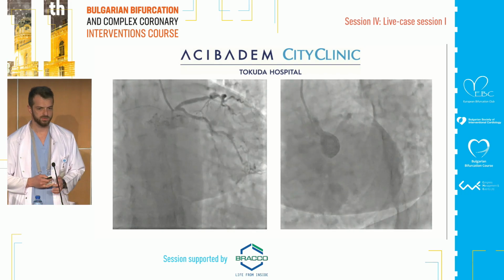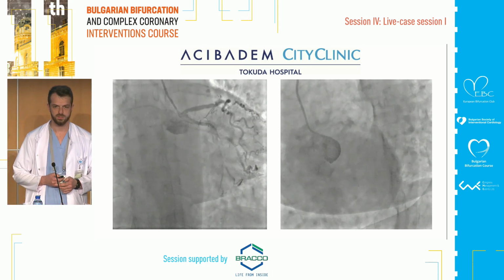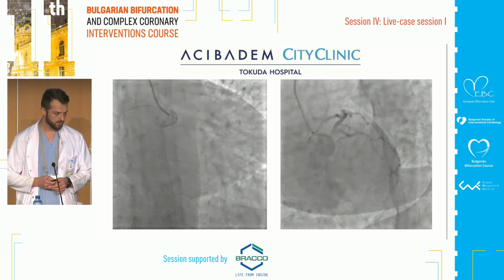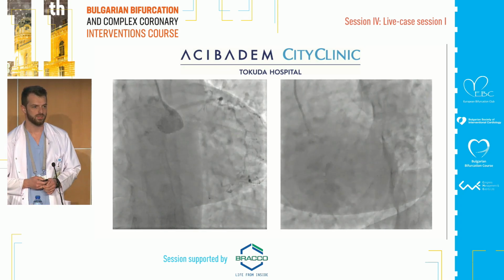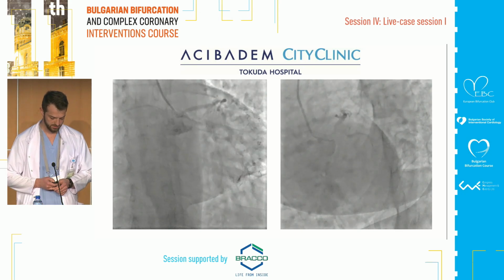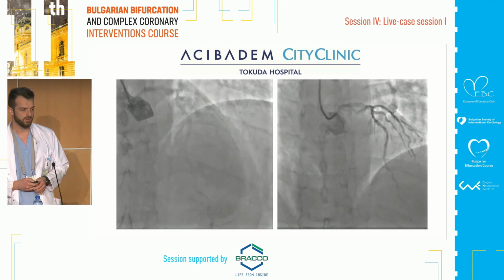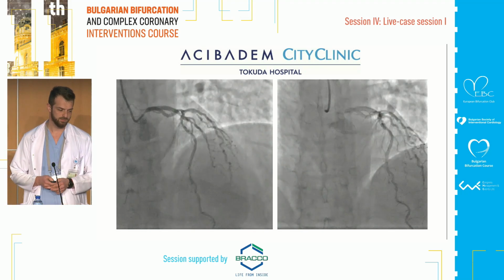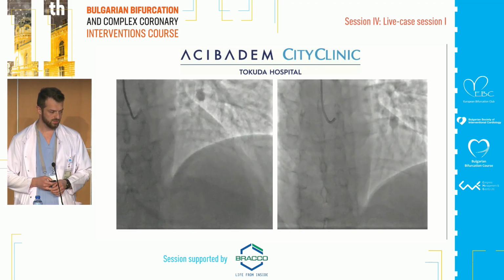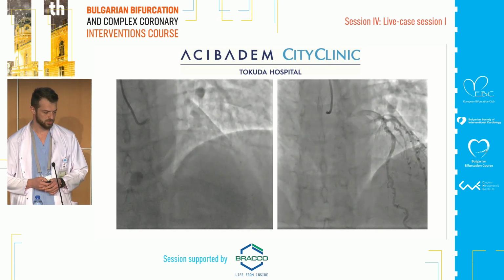Maybe the ostium of the left coronary artery was traumatized during the previous diagnostic angio. We can see an ostial lesion of the left main, some moderate lesion of the left circumflex. And from the cranial projections, the involvement of the left main, but also the significant stenosis of the LAD with the first diagonal branch.